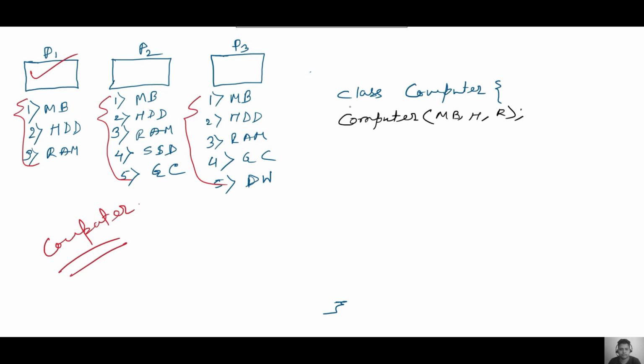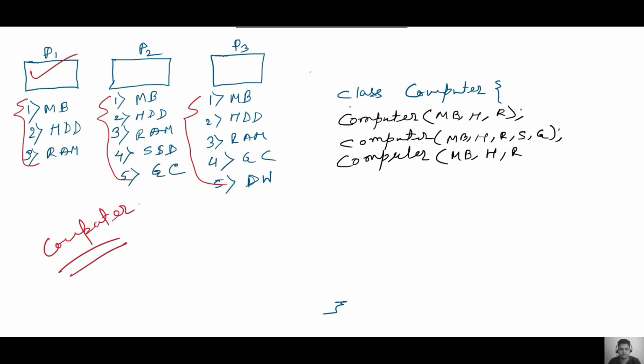When person two creates the computer object, then he needs a constructor having the parameters motherboard, hard disk, RAM, SSD and graphics card. And when the third person is going to create an object of this computer, then he needs a constructor having the parameters hard disk, RAM, graphics card and DVD writer.